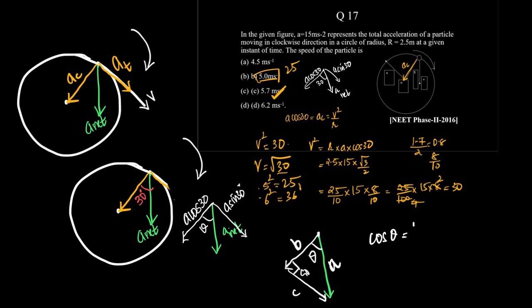Cos theta will be equal to B by hypotenuse, which is A. So B is equal to A cos theta.